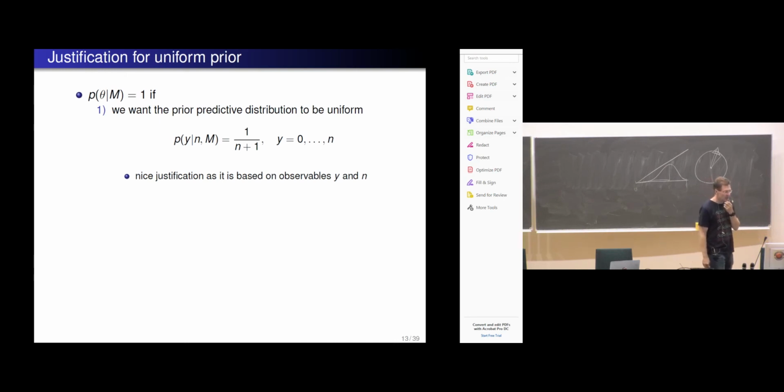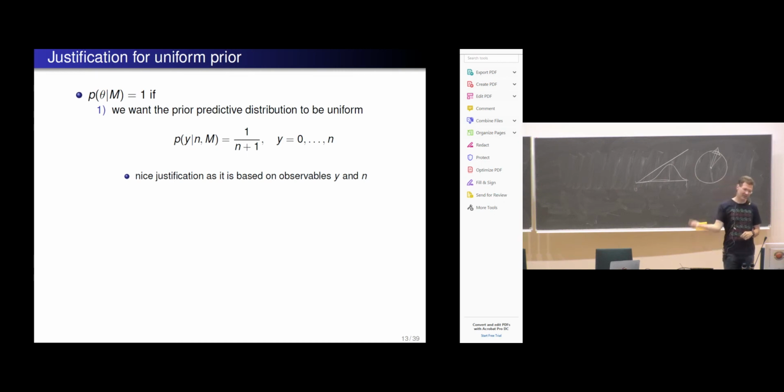We can also, thinking about this prior predictive distribution, justify the uniform prior for theta in this binomial model. If we want the prior predictive distribution to be uniform, with the same probability for each outcome. So for example, with the pack of chips, if you don't know the ratio of red and yellow ones, and you would say that, okay, if I pick 10 out of there, it's as likely to observe anything from 0 to 10 red ones.